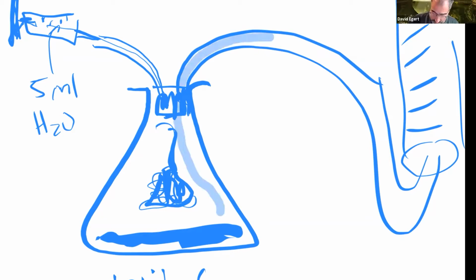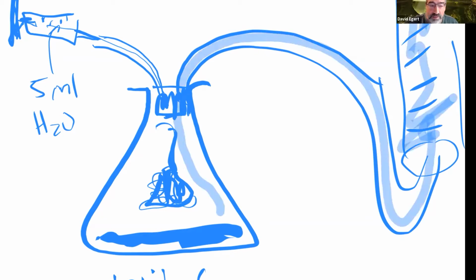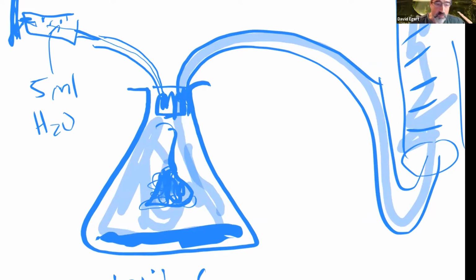It's going to get shoved up here, and bloop, bloop, bloop. You're going to see it as a 5 mil bubble going up as you displace 5 mils of air that was previously taking up space, minding its own business, just hanging out in the Erlenmeyer flask. All of a sudden, this 5 mils of water gets shoved in here and 5 mils of air has to get pushed off someplace else.